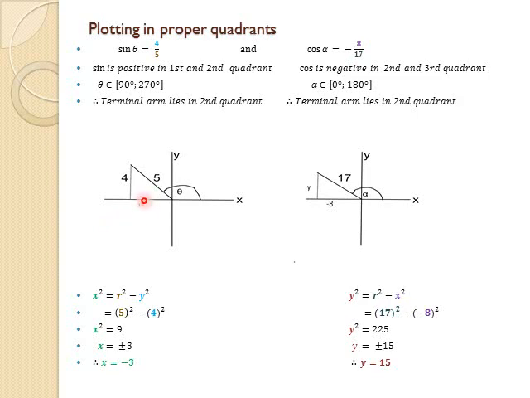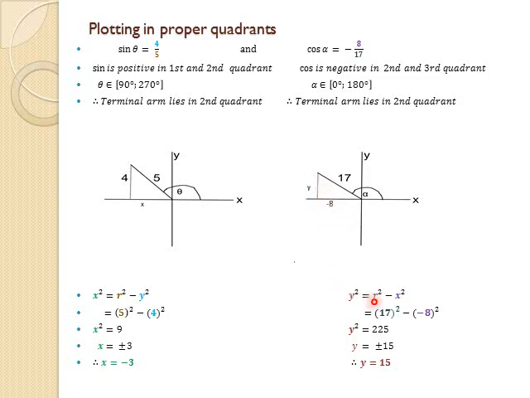So to solve for x here, you need to remember x there will be negative. So x squared equals r squared minus y squared, 5 squared minus 4 squared, 25 minus 16 gives me 9. When I find the square root of any value, I must always remember plus minus 3. But in this case, x only equals negative 3 and not positive 3. On the other side, y there is positive in the second quadrant.